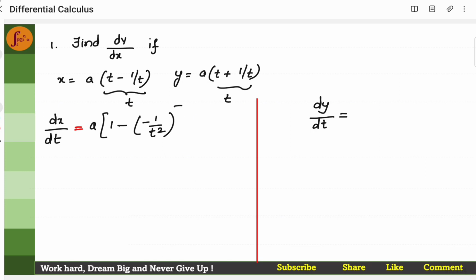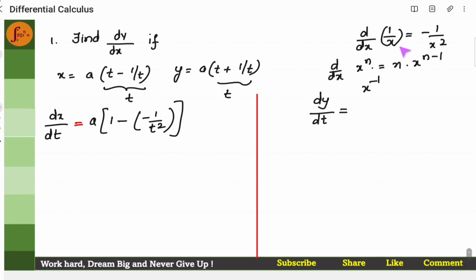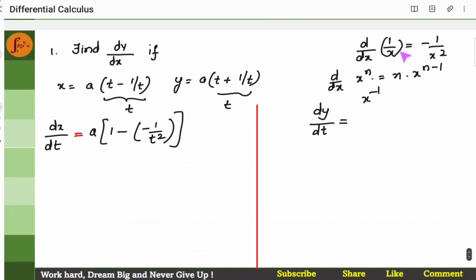How do I say this? d by dx of 1 by x is minus 1 by x square, using the same formula: d by dx of x to the power n is equal to n into x to the power n minus 1. Now 1 by x I can write as x to the power minus 1. So instead of n we have minus 1.